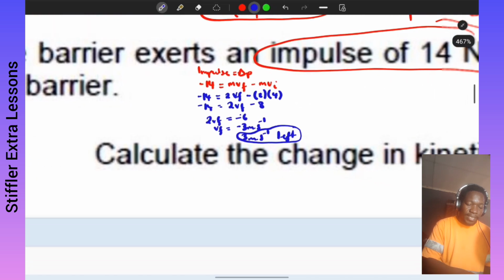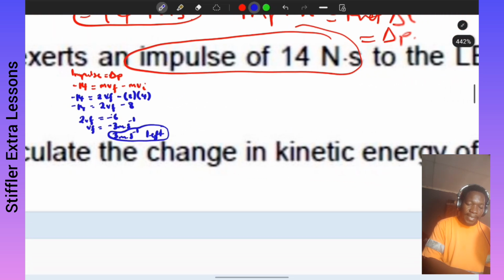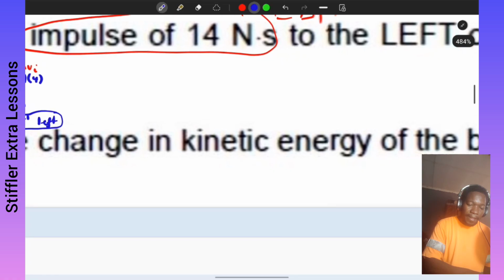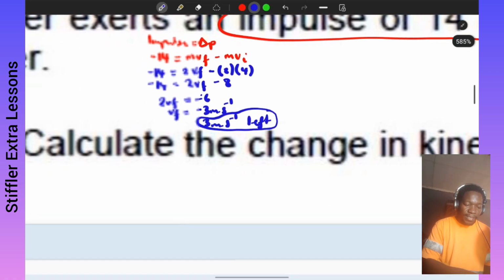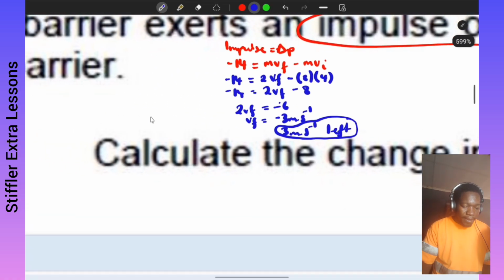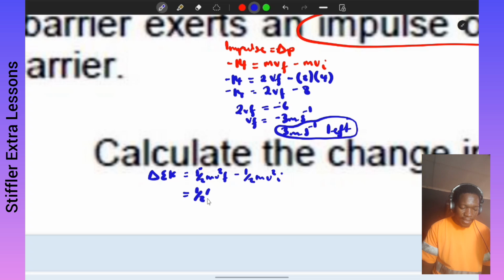So now let's calculate the change in kinetic energy of the box. The change in EK is equal to half m v squared final minus half m v squared initial. Our final velocity is 3, or we can say negative 3, because it is going in the opposite direction.